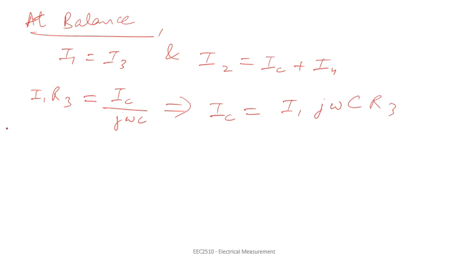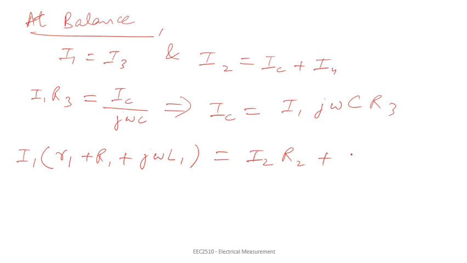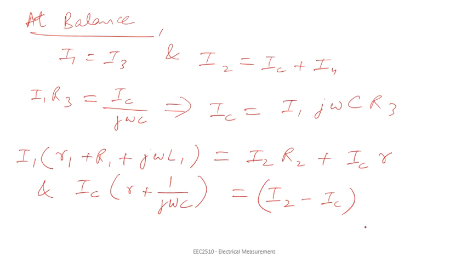And the other balance equation, if you write it, will be I1 times (R1 plus r plus j omega L1) should be equal to I2 R2 plus IC small r, and IC (r plus 1 upon j omega C) will be equal to (I2 minus IC) times R4, okay.